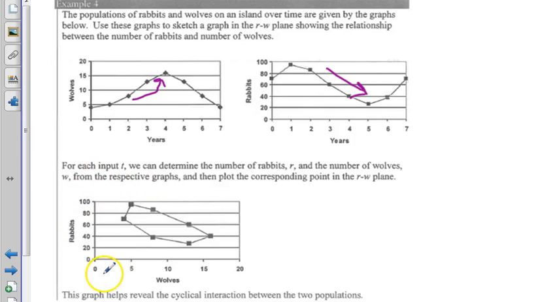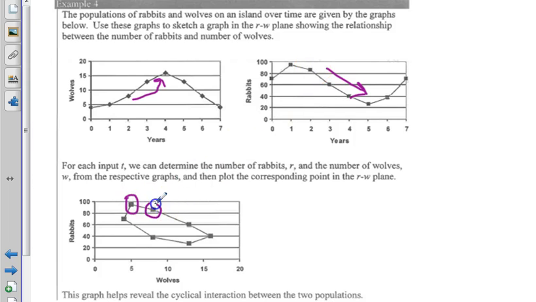So if we graphed the number of wolves and the number of rabbits, so for year one, there were 5 wolves and 90 rabbits. So that would be here, okay? And then for year 2, there were like 7 wolves and a little bit down to like 80 something.